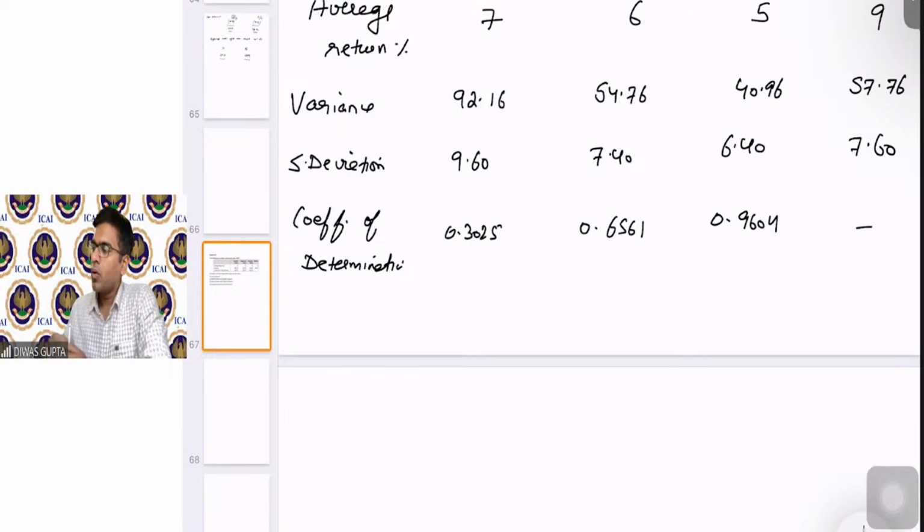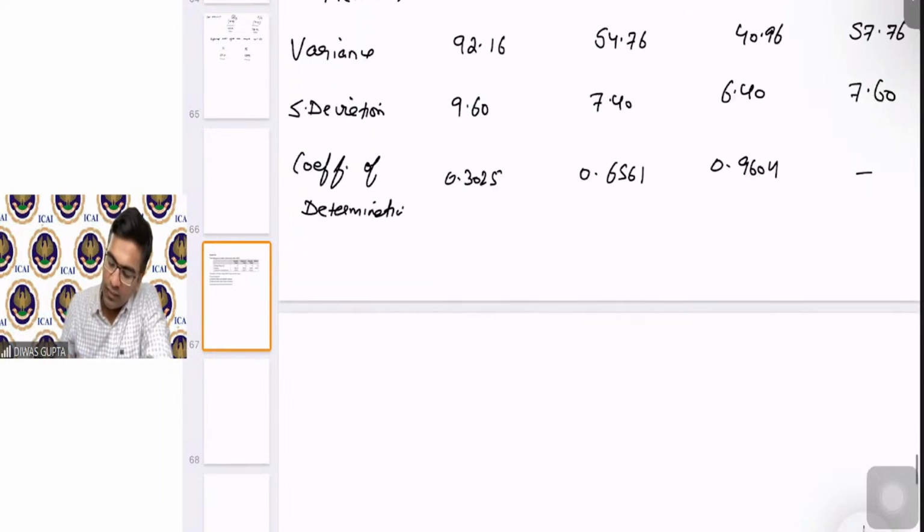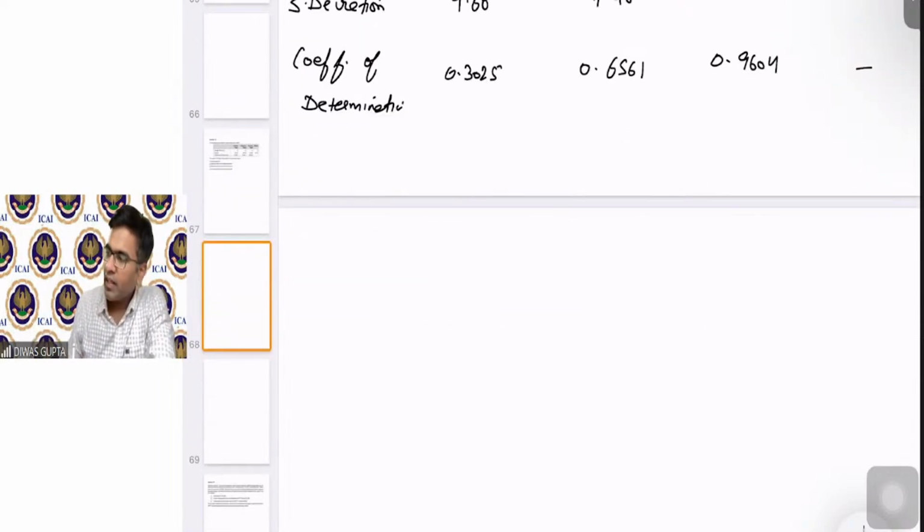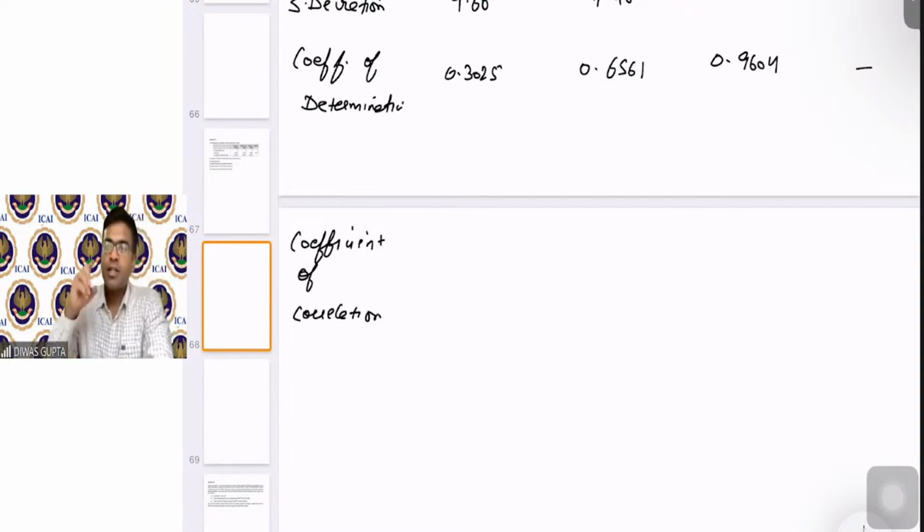Okay. Then can we calculate the coefficient of correlation? Yes. We just have to take a square root of 0.3025.